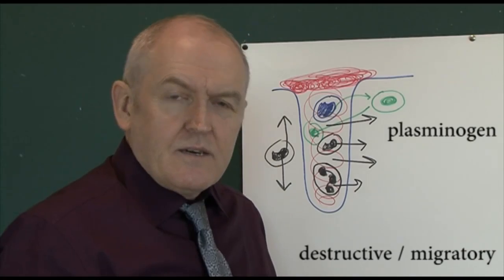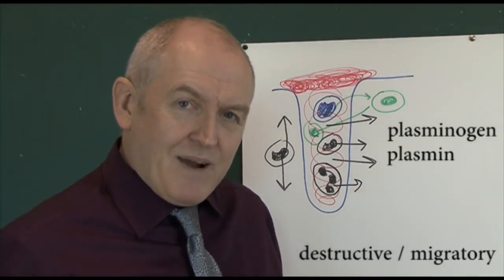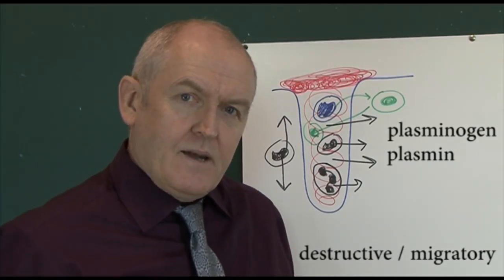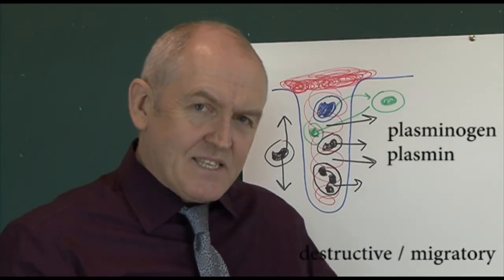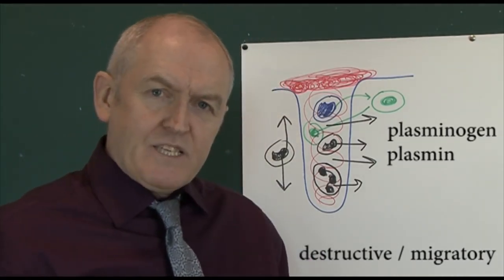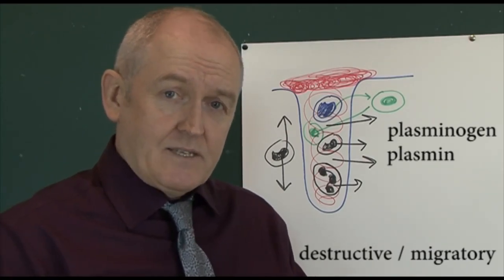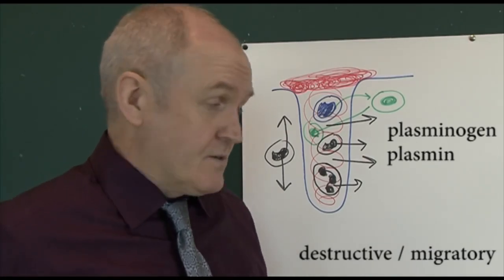In a blood clot, the plasminogen over time will be converted to plasmin. And plasmin has enzymic activities. What plasmin will do is digest and break up the fibrin strands that compose the blood clot.